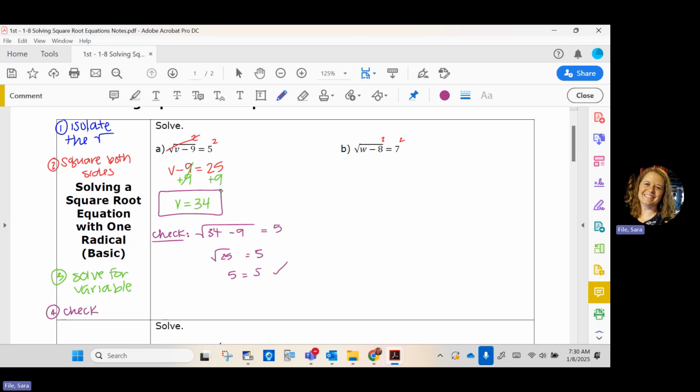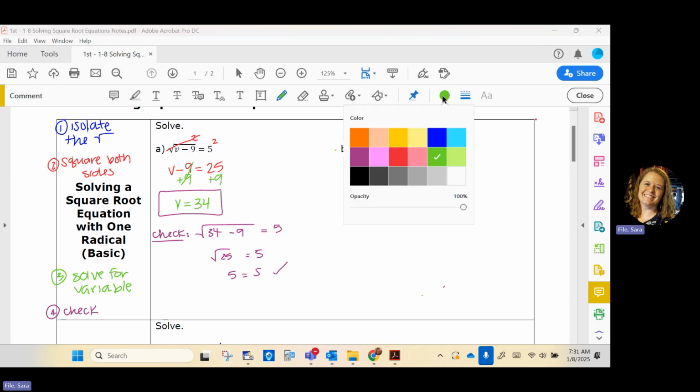So I'm going to move a little bit faster over here. Okay, so the square and square root cancel. I've got w minus 8 equals 49. I'm going to add 8 to both sides. That leaves me with 57.